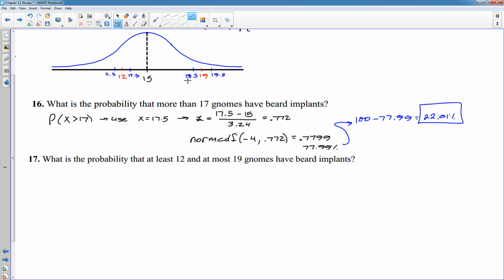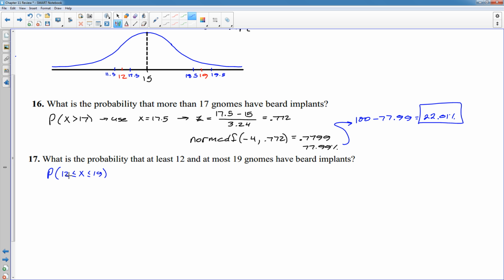The way we decide what we want to choose is we have to decide whether or not we want to include 12 and 19. Now, when I see at least, to me that means 12 is a desired amount. We're wanting to include 12 because that's the lowest we want to go. So what we're looking for here is the probability that we have at the very least 12, so 12 is less than or equal to the desired number of gnomes with implants, and we want to have at most, and that includes 19.